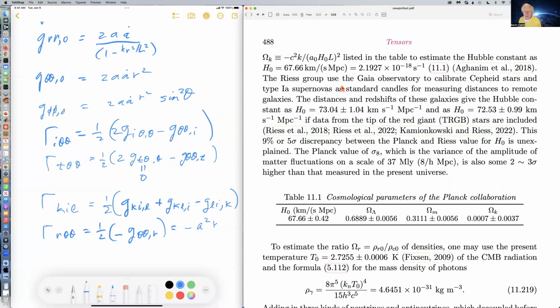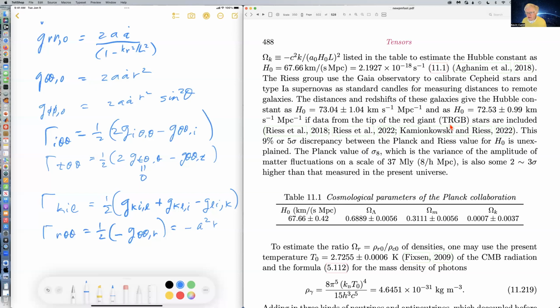The Riess group and other groups use the Gaia Observatory. They calibrate Cepheid variable stars and type 1a supernovas, and they use these as standard candles to measure distances. They get something like 73 kilometers per second per megaparsec.